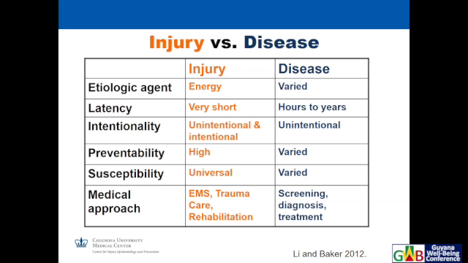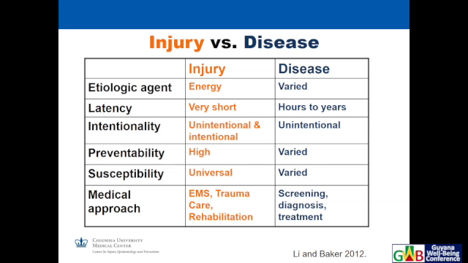Susceptibility: nobody is immune to injury. There are no vaccines for injuries. So the susceptibility to injury is universal. Everyone is susceptible to injury, and if you have sustained an injury, you are not immune next time.